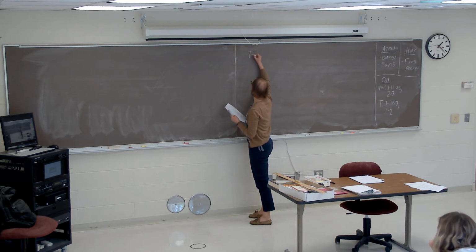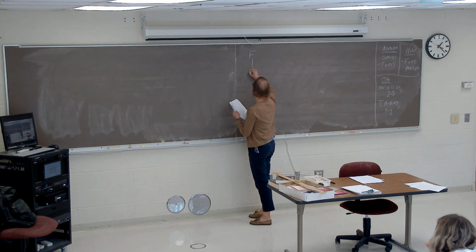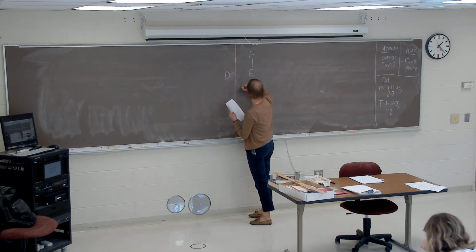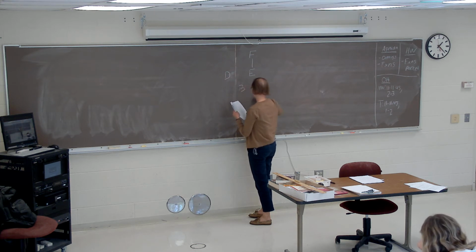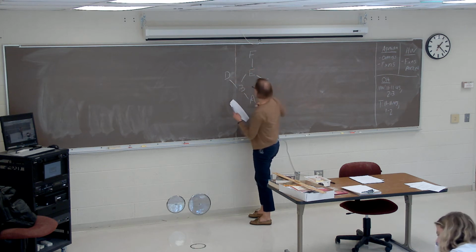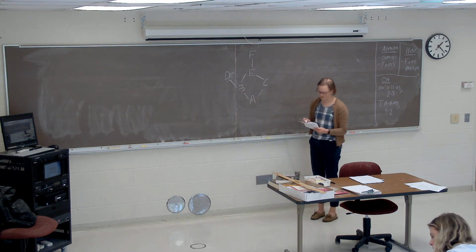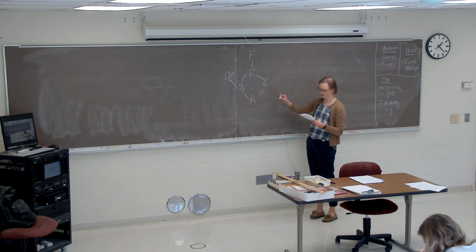So we have E related to F, and then D over here. There we go. So this is the lattice diagram that we were working with.